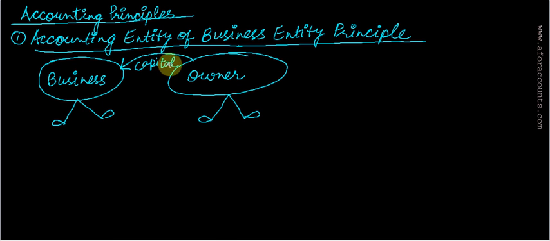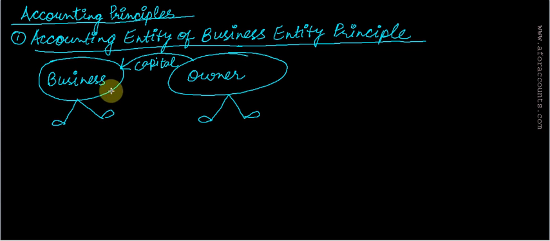And that is why we have a concept of drawing. That is why we have a concept of interest on capital, interest on drawing, because the owner is separate and the business is separate. If some goods are withdrawn from the business, then you reduce the capital.